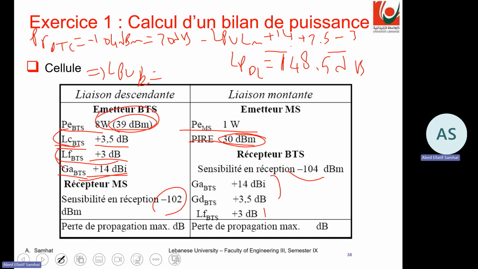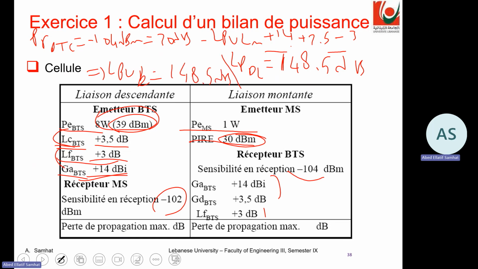So the path loss in the uplink will be 14.5 plus 30, which is 44.5, and from the other side minus 104 dBm.